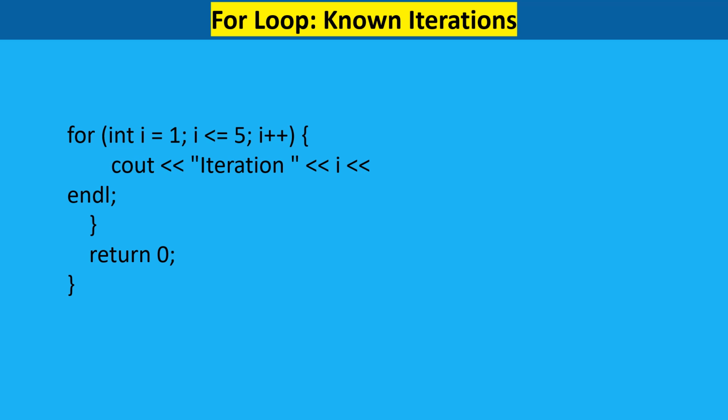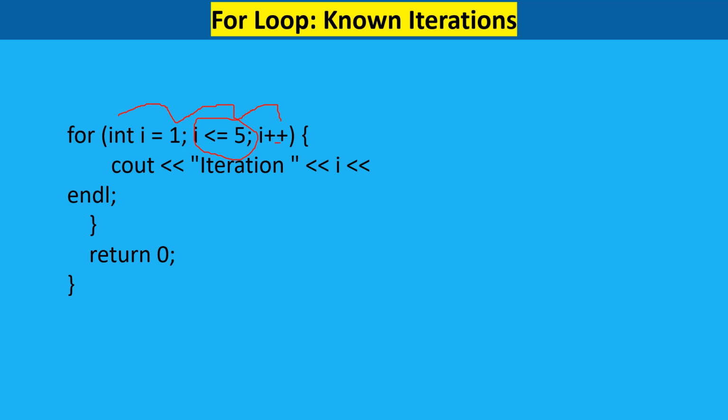Okay, so for initialization, int i = 1; condition, i less than or equal to 5; and then i++ is the increment. Initialization: the loop control variable is set to 1. Condition: the loop runs while i is less than or equal to 5.